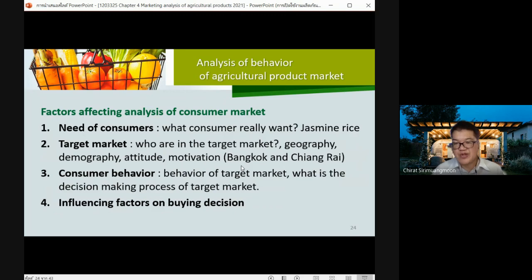Because if you know agricultural products well, you might have different criteria and different expectations. It's not just like a Bangkok person buying fruit and vegetables because they look good. But people from other provinces might not want to buy because it looks too good, because they know what it's actually like.